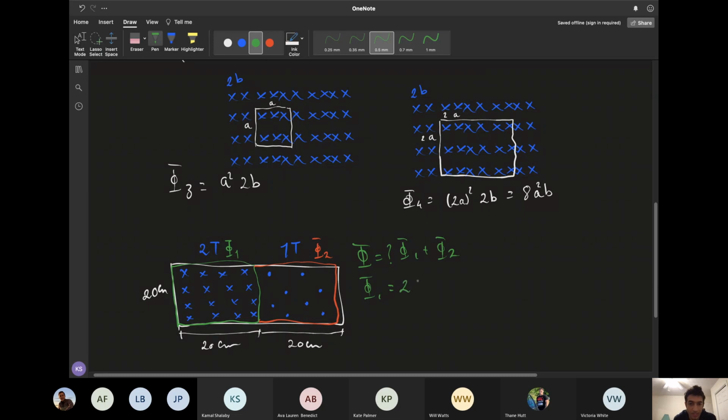It is equal to 2T multiplied by 0.2 squared, and that equals 0.08.